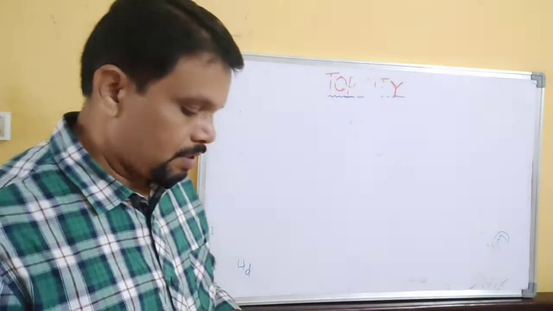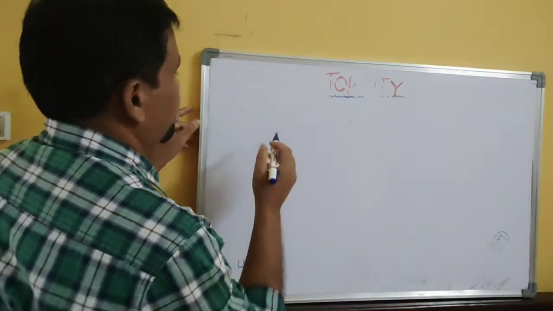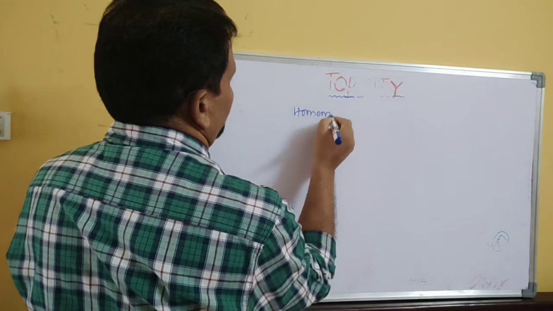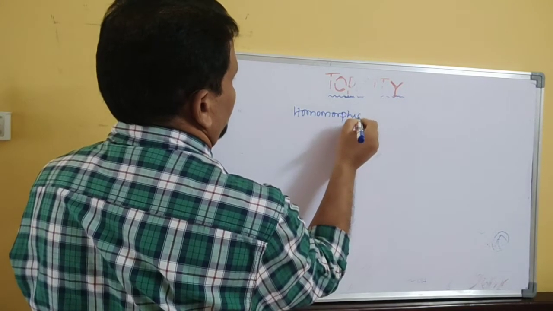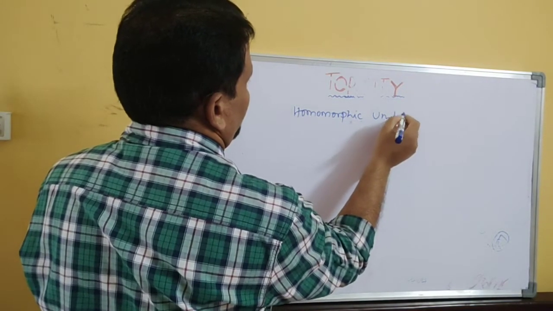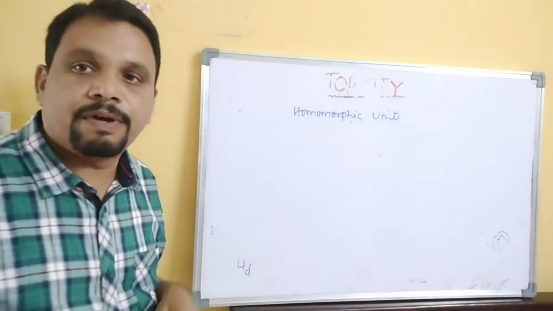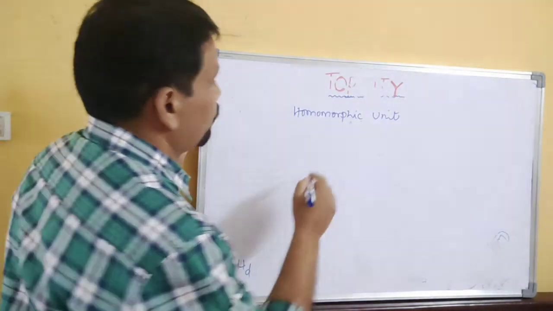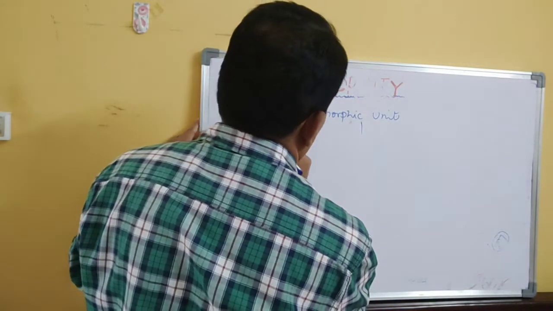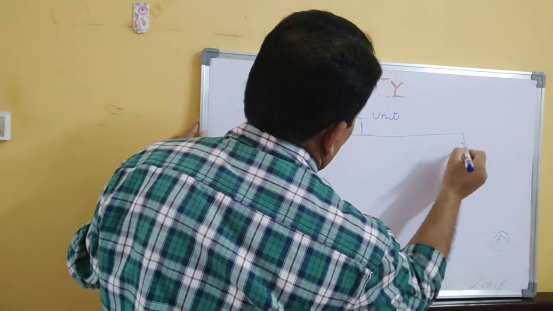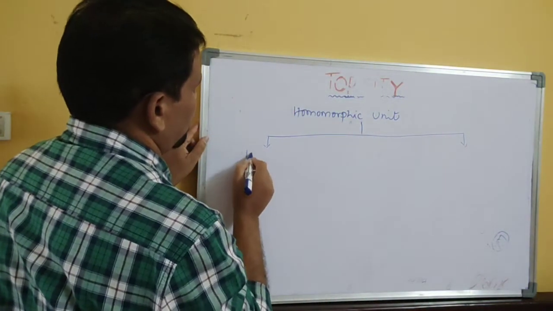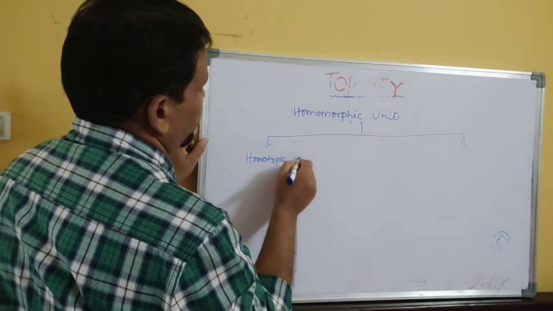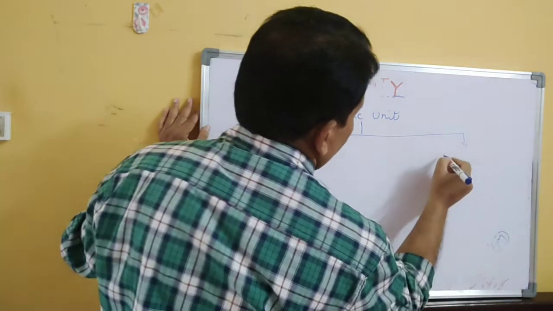Next, homomorphic units can be classified into different types. Homomorphic units can be homotopic units or heterotopic units.